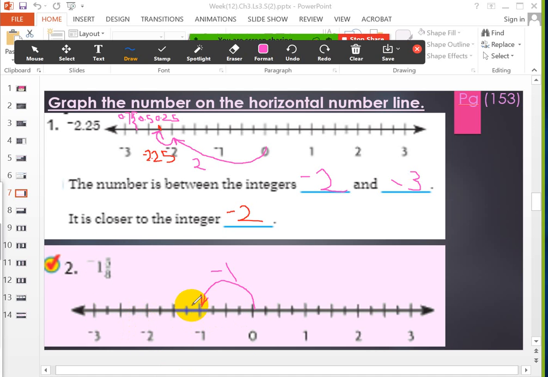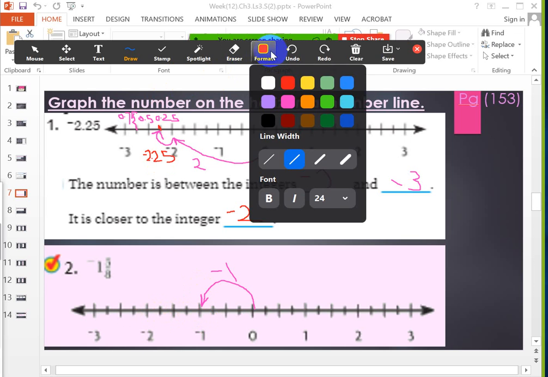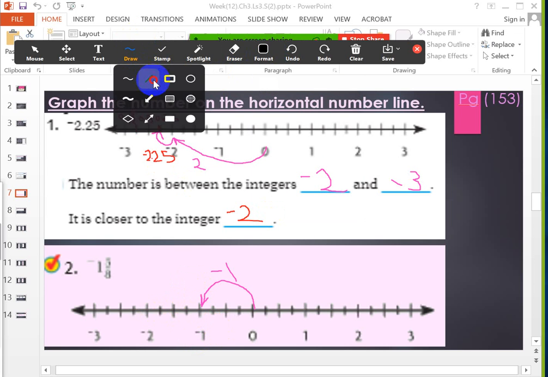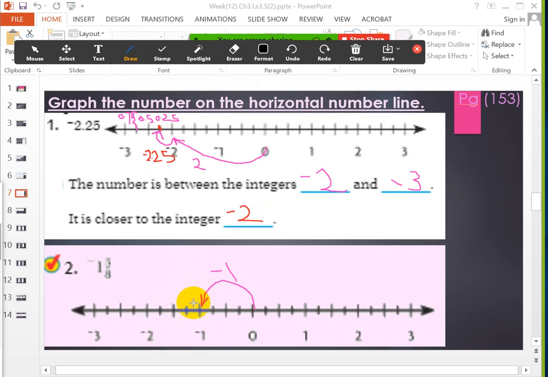Look, the distance between 1 and 2 is divided into how many parts? 1, 2, 3, 4. If you want to divide this distance into 8 equal parts, you can divide each small part like this in the middle.